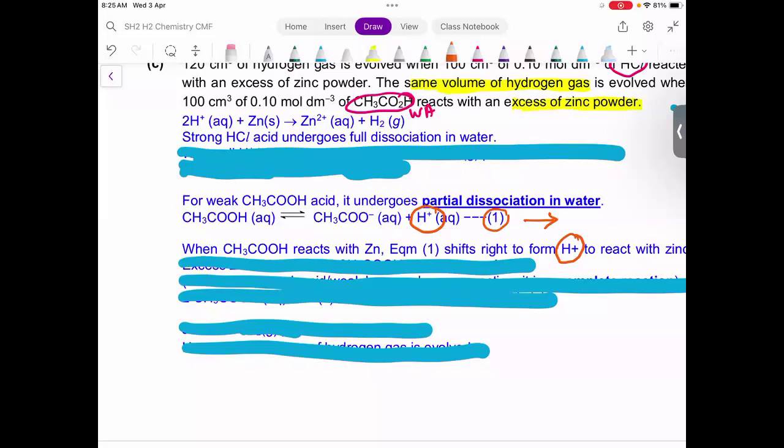And it doesn't stop when it reaches a new position of equilibrium. It will continue to move forward because you keep adding zinc. So the H plus will be continuously removed until all the weak acid is 100% dissociated.